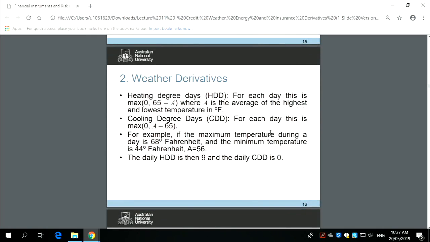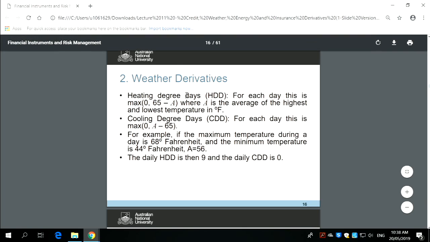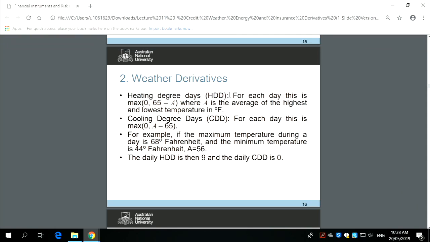In fact, weather derivative is very similar to an option contract. There's just some jargon that you need to remember. The first thing you need to understand is something called HDD, which is heating degree days. Heating degree days is essentially how much electricity I need to use for heating purposes.